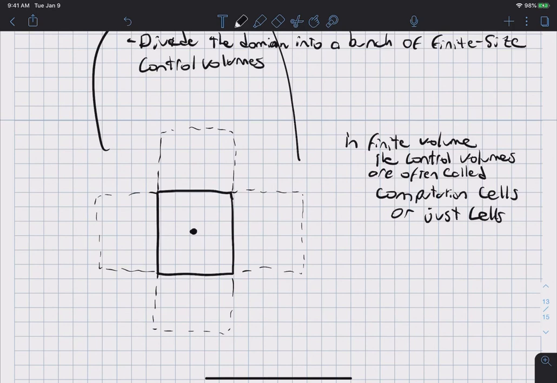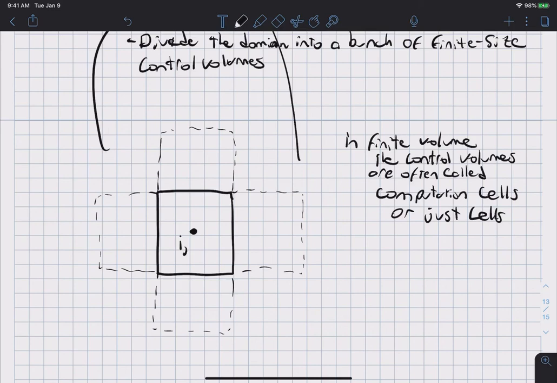If you listened carefully to my lecture when I was deriving Navier-Stokes, I often accidentally called the finite control volume a cell because I'm so used to working with finite volume in my own research. Okay, and so again, we basically label the cells with a numbering system.